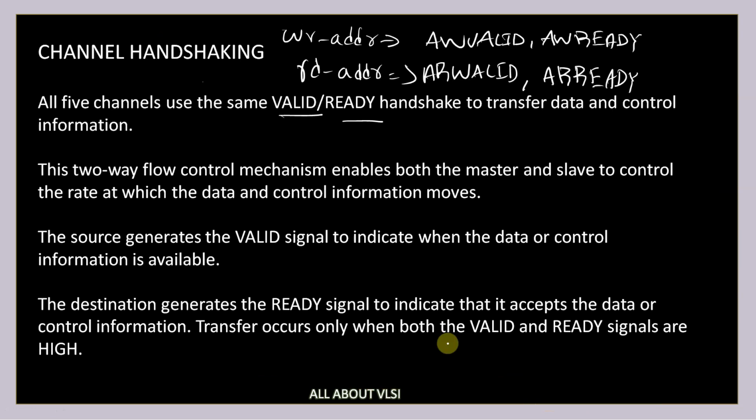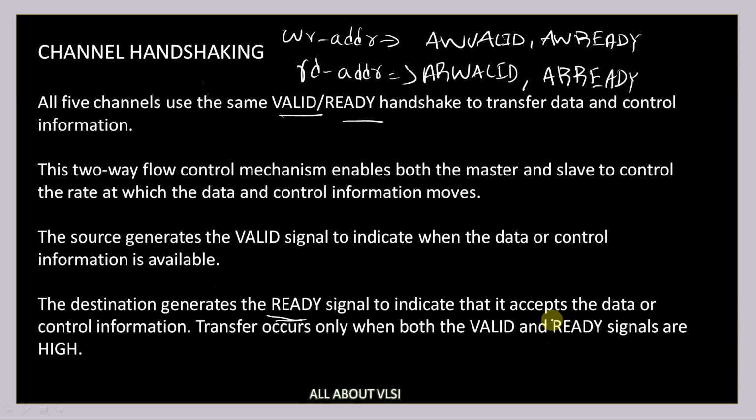So here the source is going to use the valid signal and the destination is going to generate the ready signal. This also we have seen in our previous sessions. The destination is going to generate the ready signal for indicating that it accepts the data or the control information.